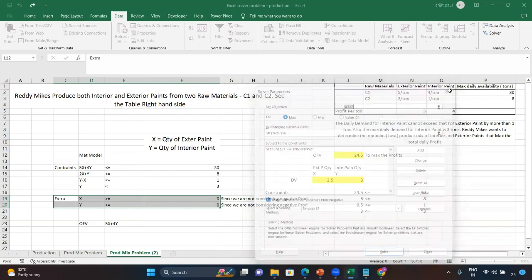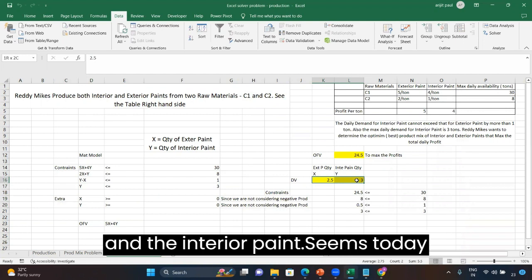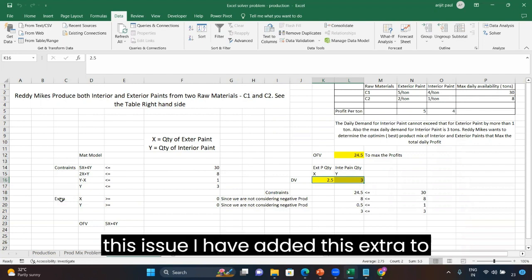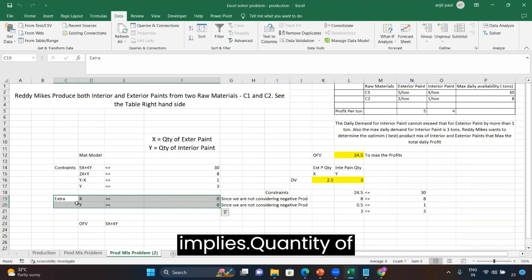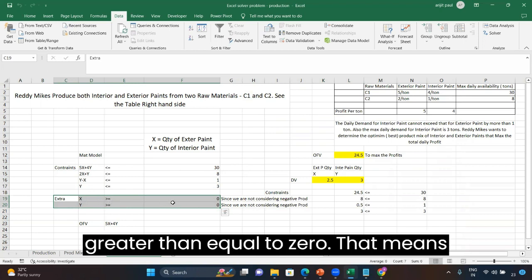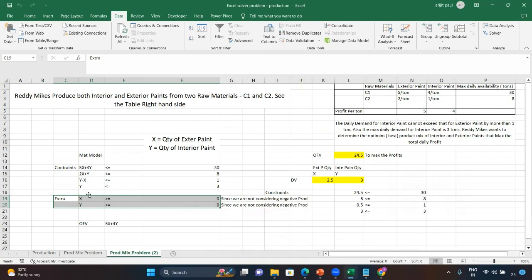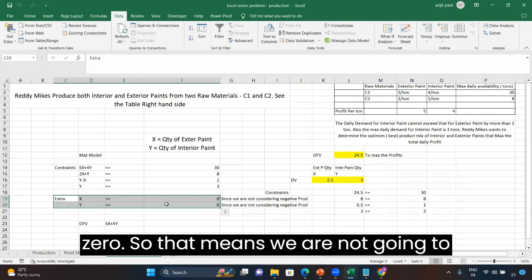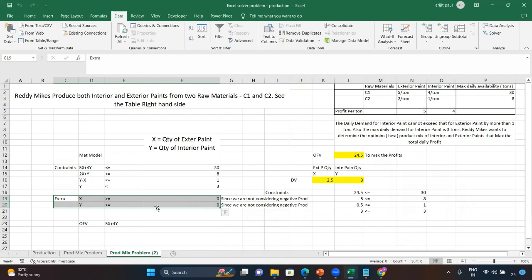It means it will not allow any type of negative production plan for the exterior paint and the interior paint. Since today we are not going to use the Excel solver, I have added these two extra constraints, which simply imply quantity of exterior paint, that is X, should be greater than or equal to 0. That means we are not going to allow any negative production plan for exterior paint. Similarly, for interior paint, Y, it should be greater than or equal to 0. So we are not going to allow any type of negative production plan for interior paint as well.